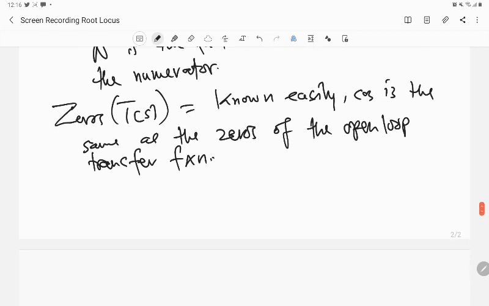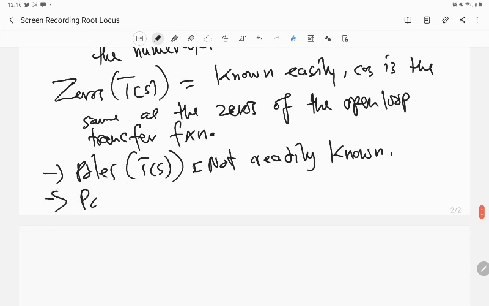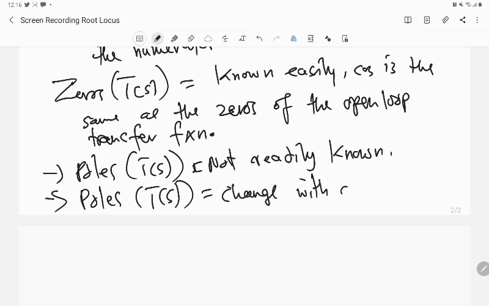However, the poles of T(s) are not readily known, and also the poles of T(s), as it can be seen from there, change with change in k.